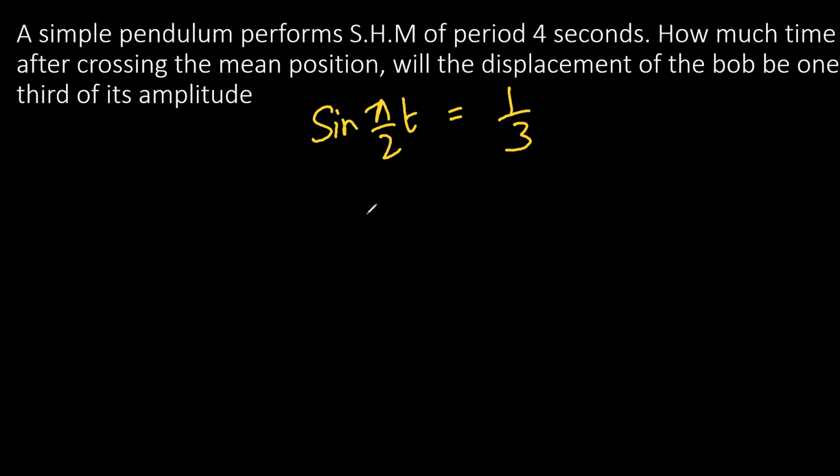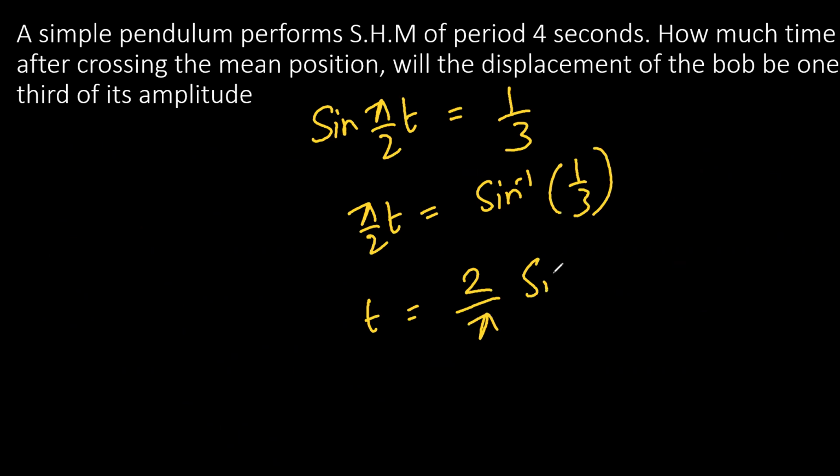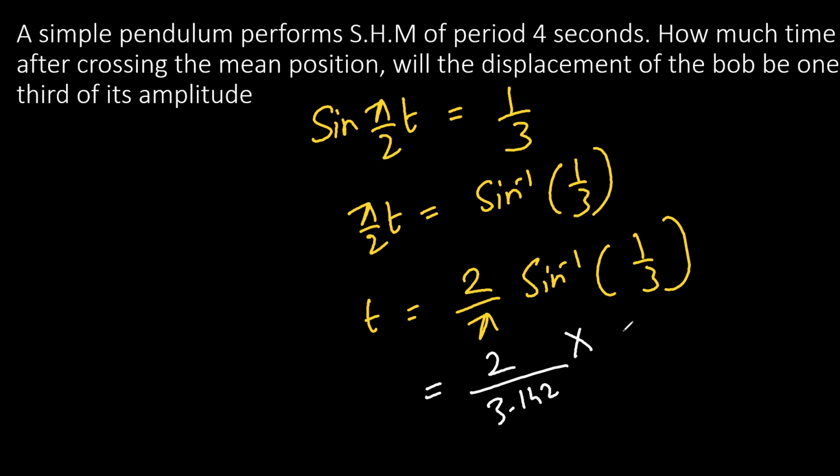So what do I have to find out? I get pi by 2 t is equal to sin inverse 1 by 3. And what is t? It's 2 by pi sin inverse 1 by 3. Okay, so if you put this, 2 by 3.142 and sin inverse 1 by 3 is some value.